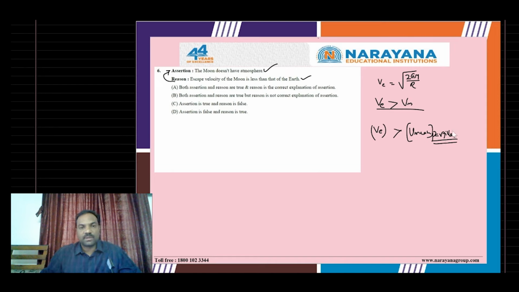Got it? So the reason the moon does not have atmosphere is that atmosphere particles have more velocity than the moon's escape velocity. But that is not what is stated. The statement that escape velocity of the moon is less than that of the earth is correct, but that's not the exact reason for the assertion.